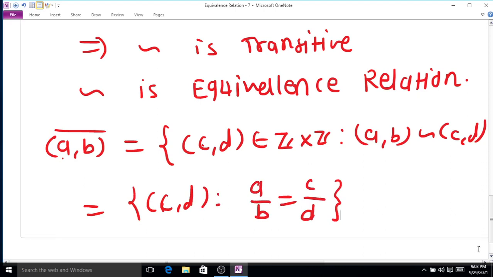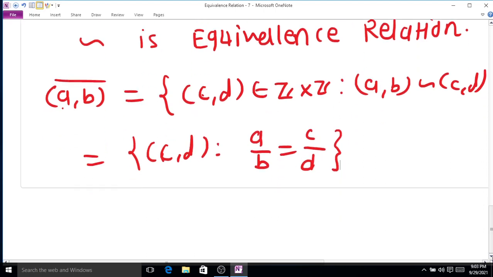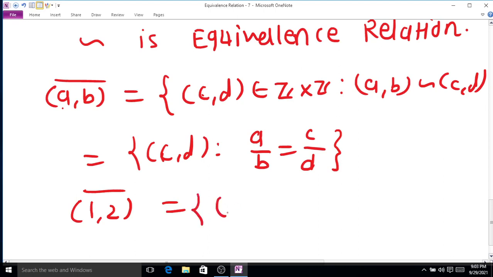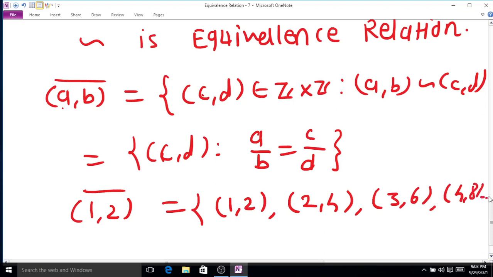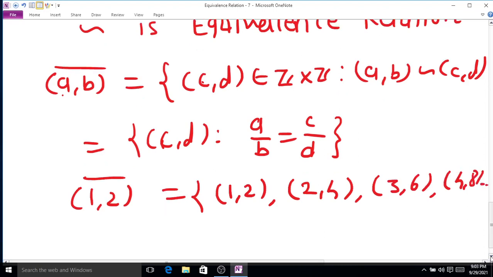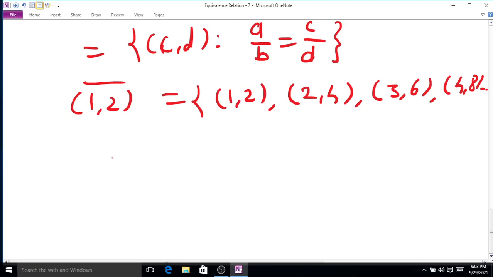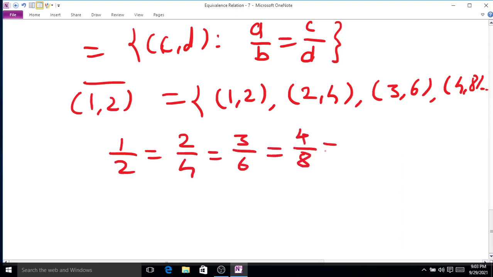So for example, if we want to determine the equivalence class of, say, (1, 2), then it contains the ordered pair (1, 2), then next (2, 4), next (3, 6), next (4, 8) and so on, because for each of these ordered pairs, you can say that 1 divided by 2 is equal to 2 divided by 4 is equal to 3 divided by 6 is equal to 4 divided by 8, which is the same as 5 divided by 10 and so on.